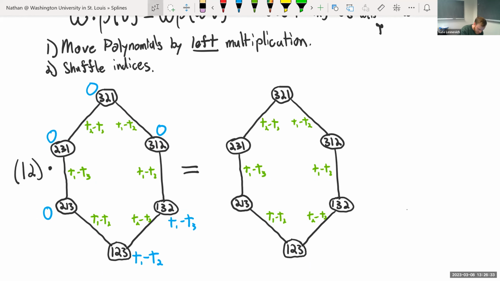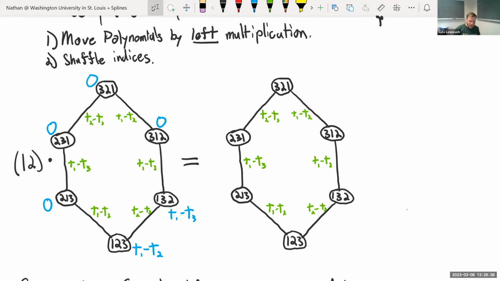To show you how this works, if we're going to dot action the transposition (1 2) with the spline that I used as an example earlier, what are we going to do? We're going to move by left multiplication. So let's figure that out first. We switch the numbers 1 and 2 that we see. Switching 1 and 2 sends the identity here, and it sends 1, 3, 2 to 2, 3, 1.